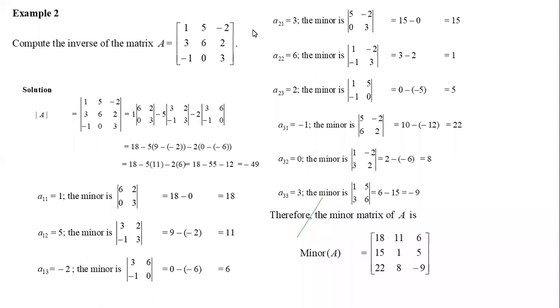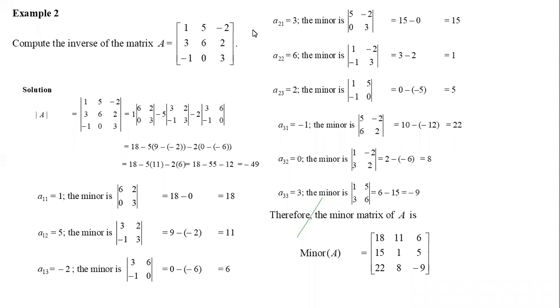Okay, this is the matrix of the minor. Look at the matrix of the minor on my board. The matrix of the minor A will now be 18, 5, 6, 15, 1, 5, 22, 8, and -9.